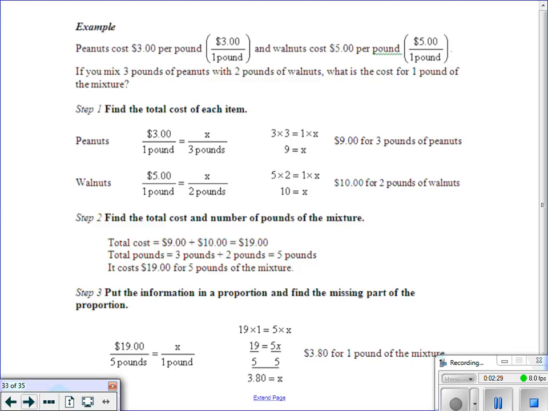Then you put that information into your proportion: $19 over 5 pounds equals the cost we need to figure out over 1 pound. So we do 19 times 1 and divide it by 5, and you get that it's $3.80 for 1 pound of the mixture.